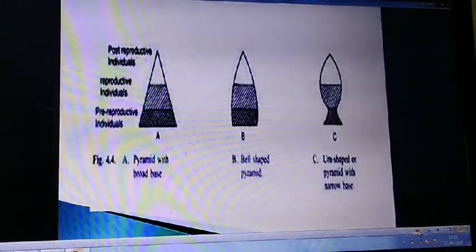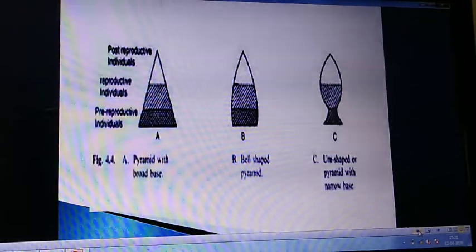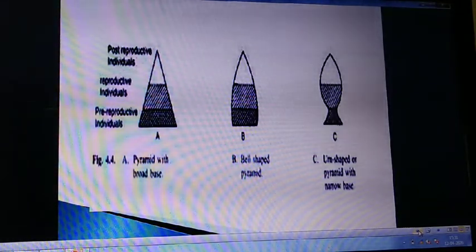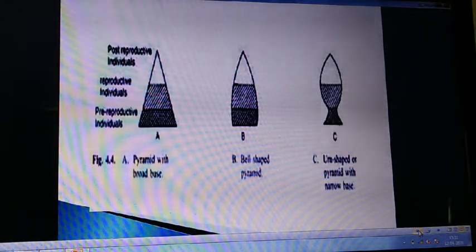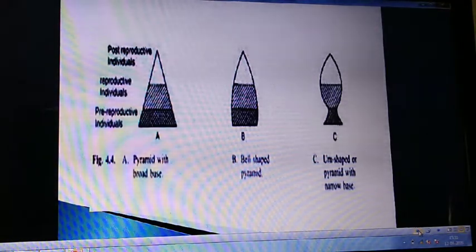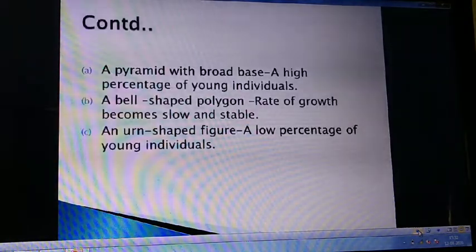In the third, C, you see an urn-shaped pyramid with a narrow base. That is, firstly, at young stage, the death rate is high, then it becomes constant, and so on. So we get three types of pyramids: pyramid with broad base, bell-shaped pyramid, and then urn-shaped pyramid.